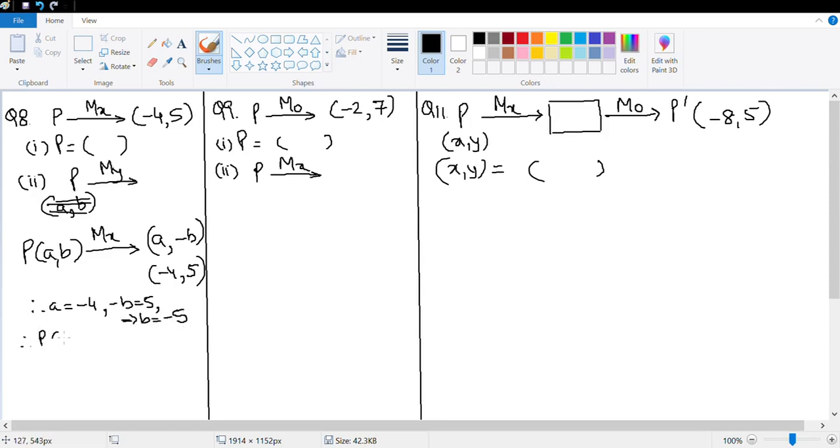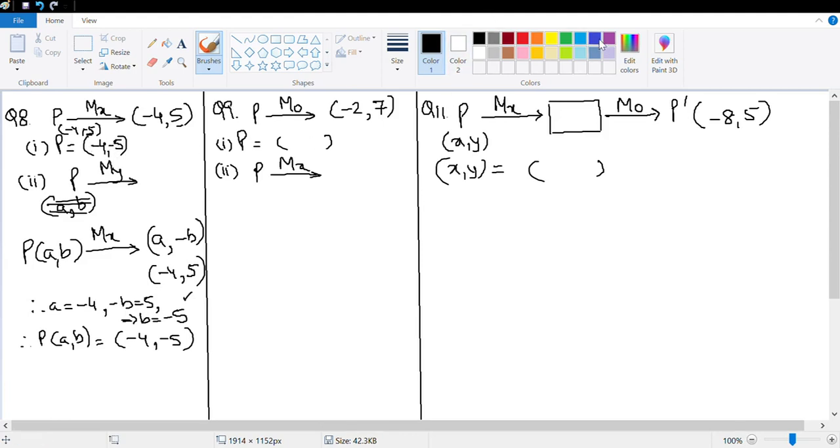Therefore, point P is (A, B), which in this case is (-4, -5). Let's check if this answer is correct. (-4, -5). If I do Mx, the y coordinate will change, which means this will become 5. Perfect. So my P is equal to (-4, -5).